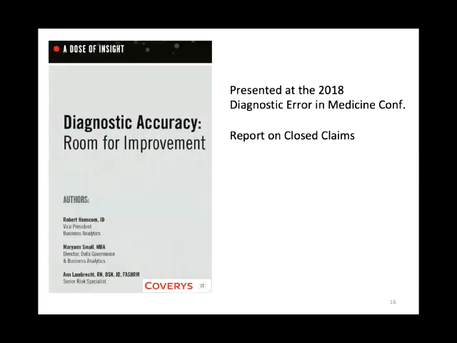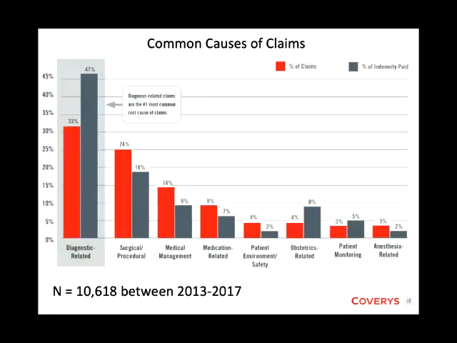At the conference, there was a report put out by a malpractice company called Coveris, and this is similar to the graph that I just showed you, with data from 2013 through 2017. The sample size here is over 10,000.